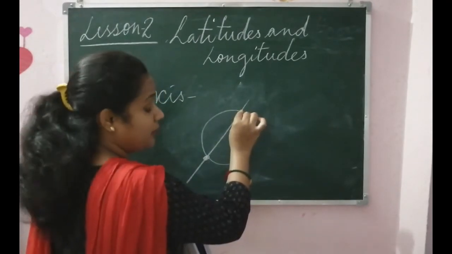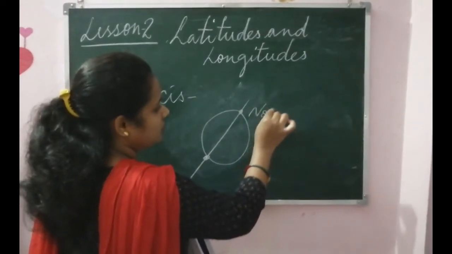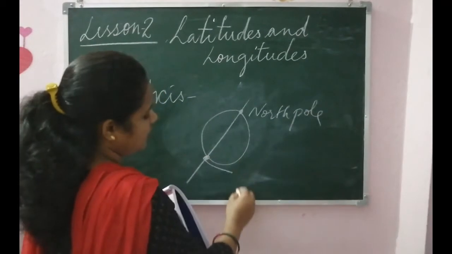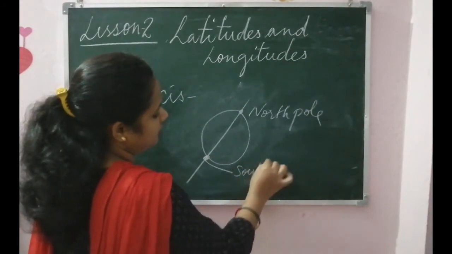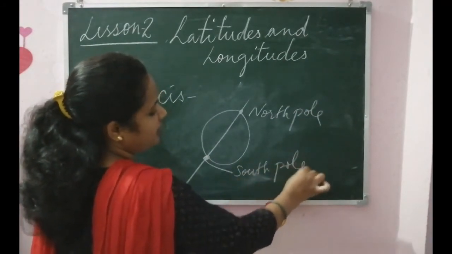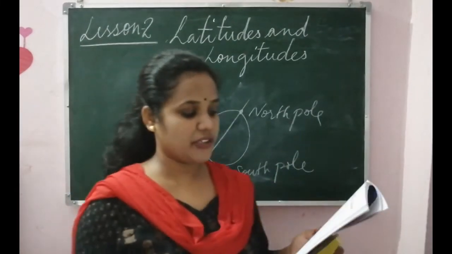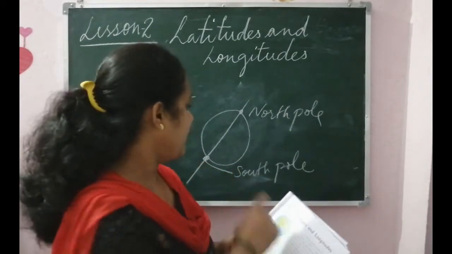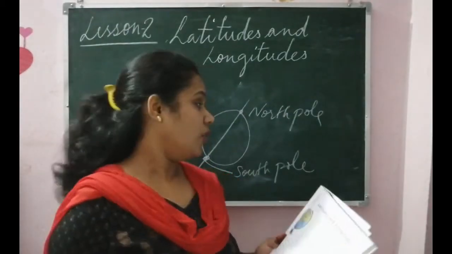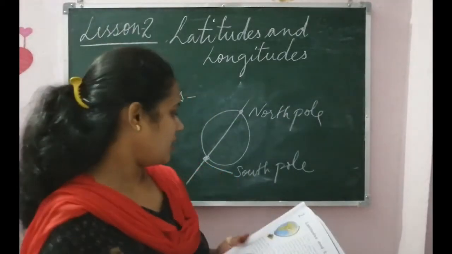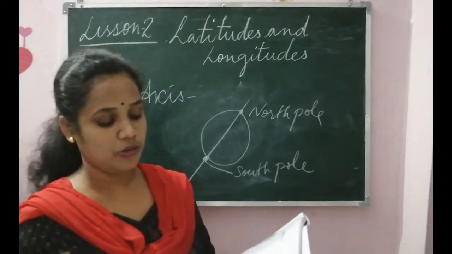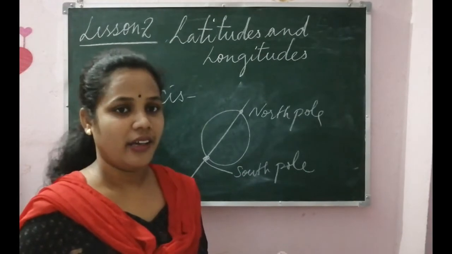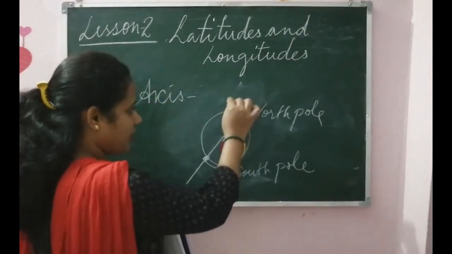This upper top is your North Pole, and down is your South Pole, which is told to you in the paragraph also, na? In the paragraph it is told, there are two ends of the globe. On the top you have North Pole and on the bottom you have got South Pole. So the axis is not vertical but it is tilted at an angle. So this line is not straight.